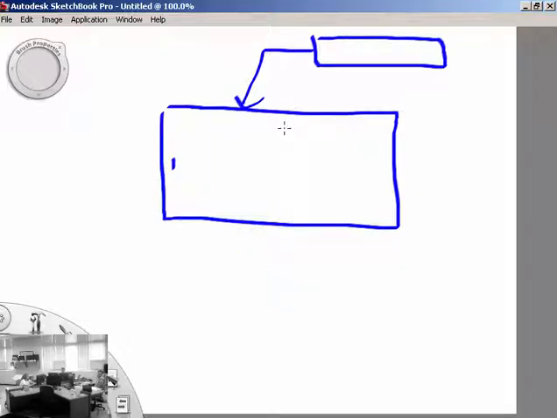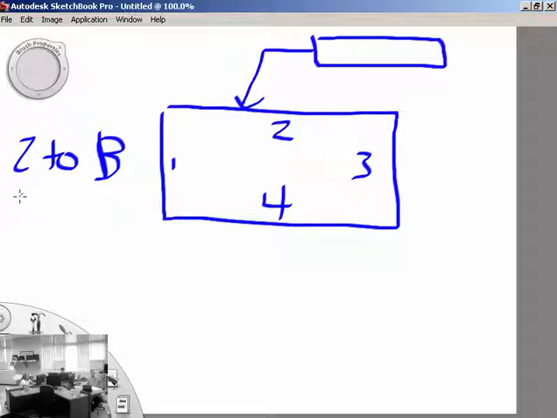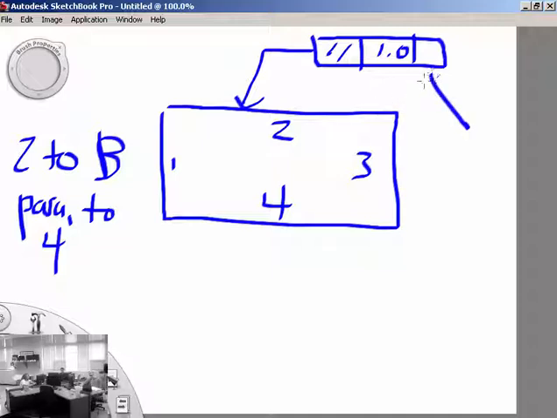If I want surface 2 to be parallel to 4, the feature control frame would have to involve the parallel geotolerance. It'd have to have a zone, so let's just give it a zone of 1.0, and it would have to have a reference, right? We have to tell the viewer that surface 2 needs to be parallel to some controlling surface. So what surface is that? 4.